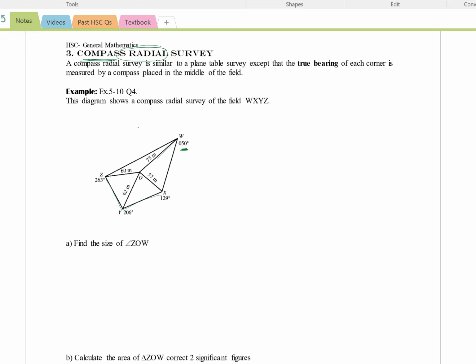So remember, to get a true bearing, you need the angle from due north. So let me put that in. From due north is up here. And so we've got the angle around to W would be this 50 degrees.